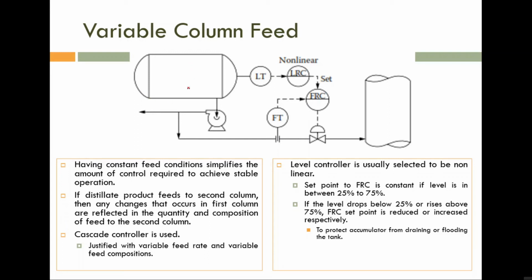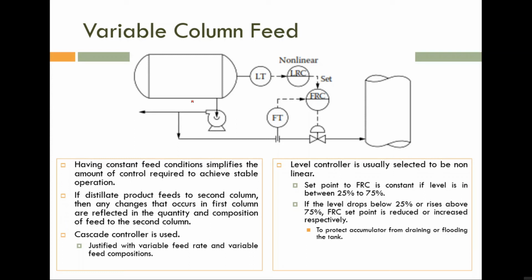Similarly, if the level is less than 25%, then by decreasing this set point, this liquid flow rate is decreased, so that the liquid level inside the accumulator will increase. Okay, but please note, this action, if it is above 75% or if it is less than 25%, that possibility is rare.